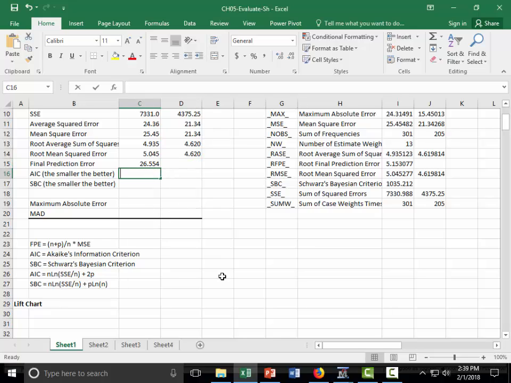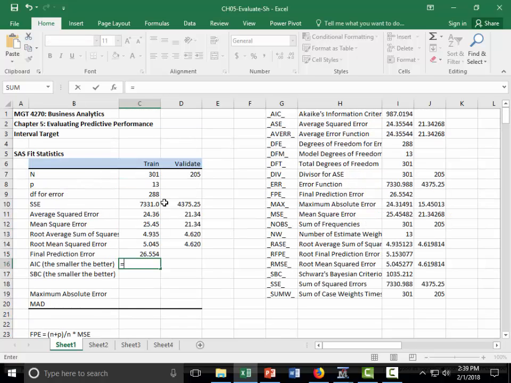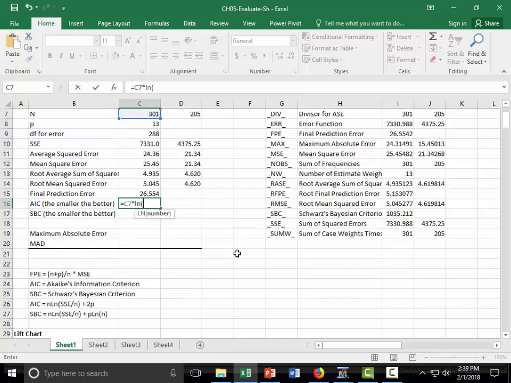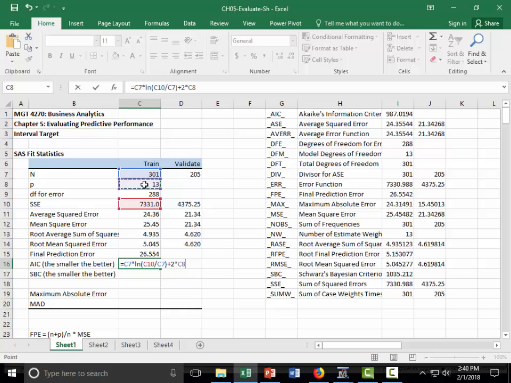So n times ln of SSE over n plus 2 times p. So there, that's the number right there.